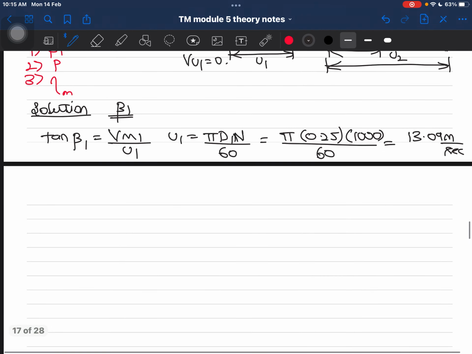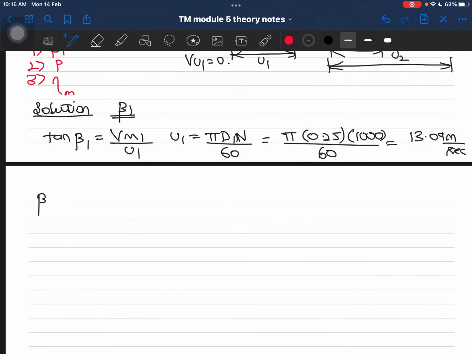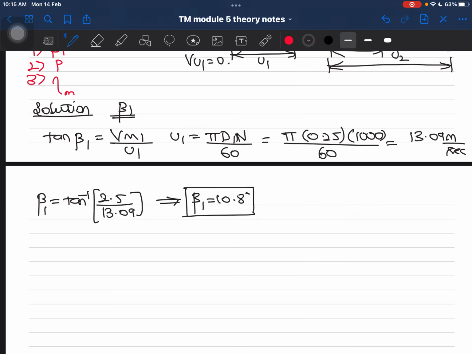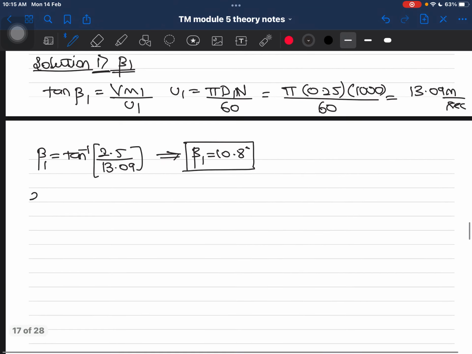Now substitute here: beta 1 is equal to tan inverse of Vm1, which was given as 2.5, divided by U1, which you have just calculated as 13.09. So the value of beta 1 would be 10.8 degrees. Okay, so that's it for question number 1.